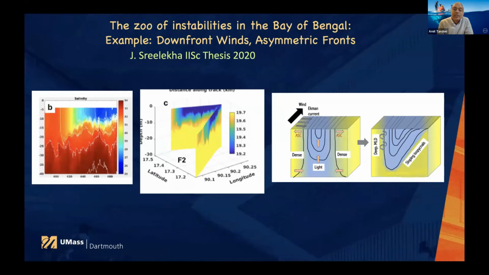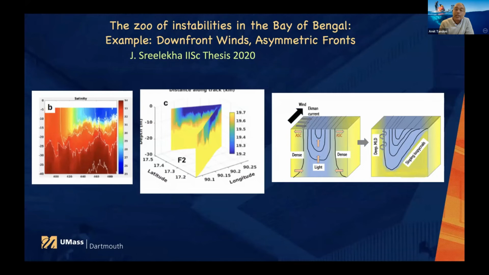So even if we started with a perfectly symmetric front, what would happen over time is this Ekman effect will try to send heavier water over light on the western side, and it would give rise to deeper mixed layers, with heavier water mixing with the light and giving rise to deep MLDs.